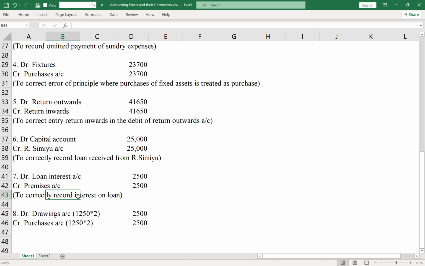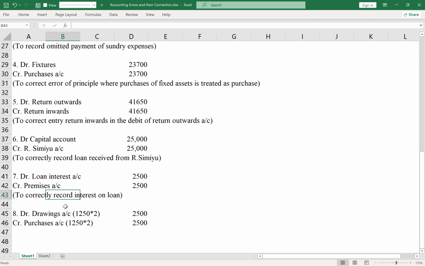Then we have number 8, goods taken for own use, 1,250, had been debited to the purchase account and credited to the drawings account. Here it's what we introduced about the contra, because the goods are used for the use of the business.